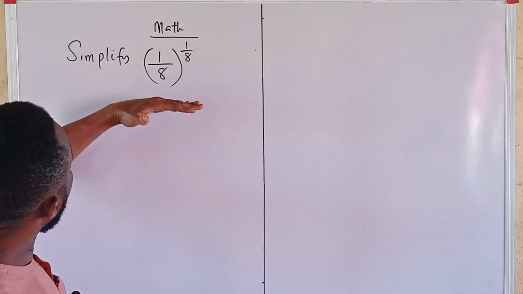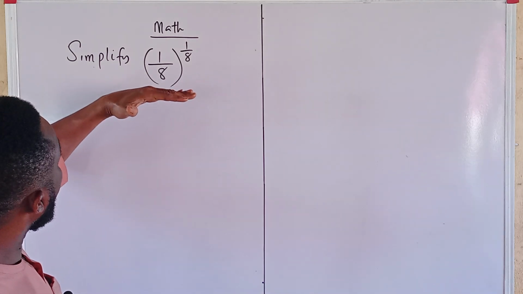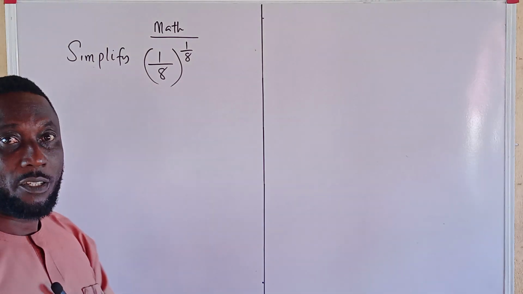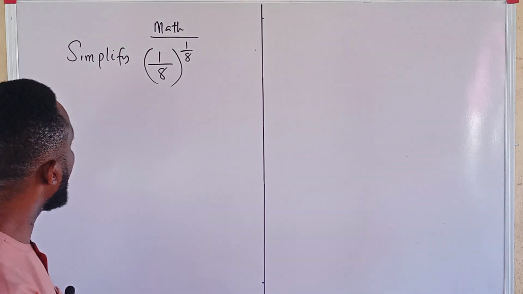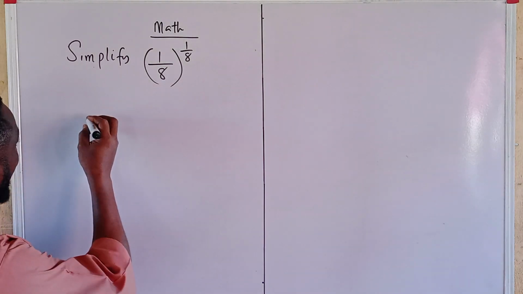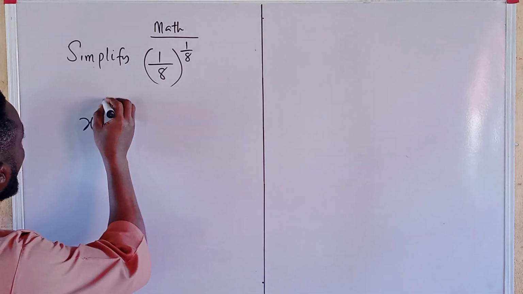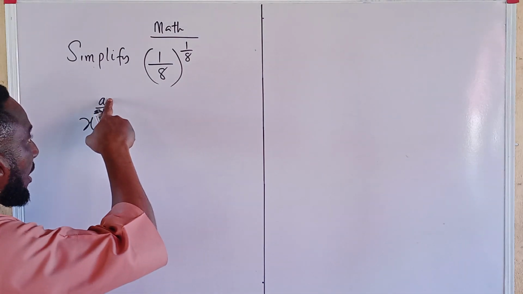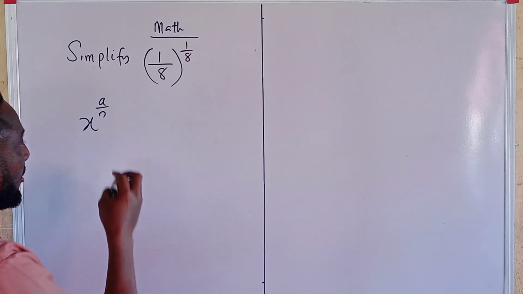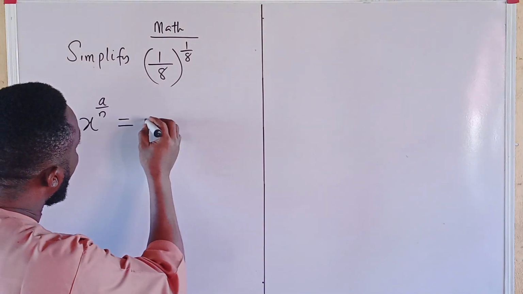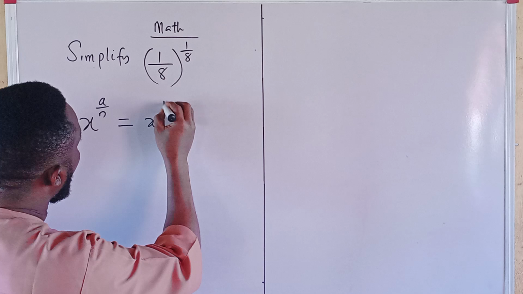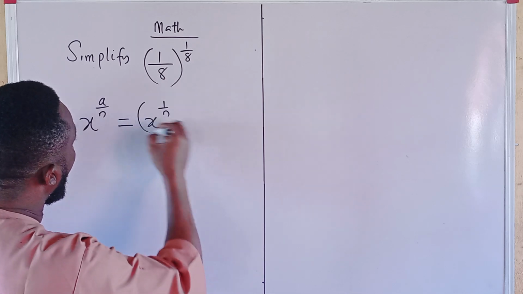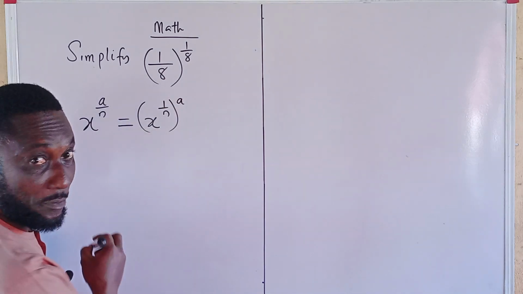Now, what we are going to do is recall the fractional rule of exponents. So guys, if I have s to the power of a upon n, so n is the root and a is the power, I can also write this as s to the power of 1 upon n, all raised to the power of a.